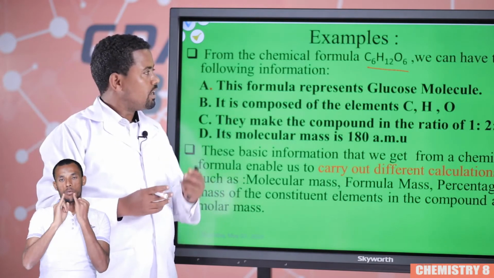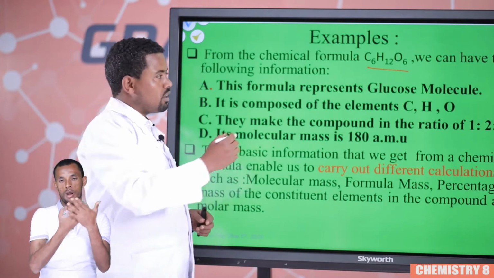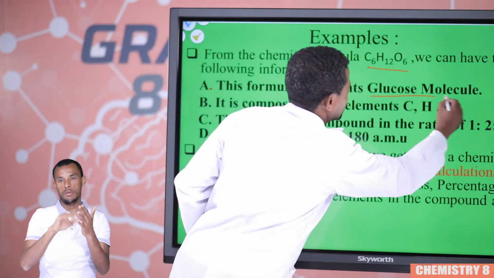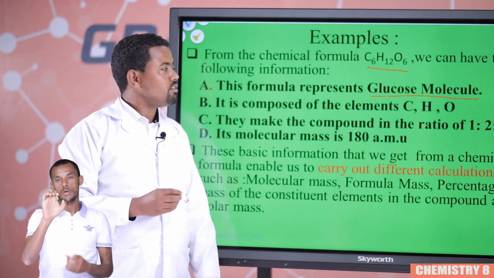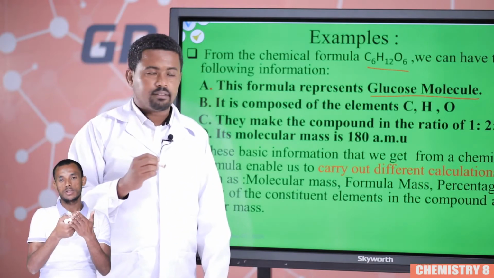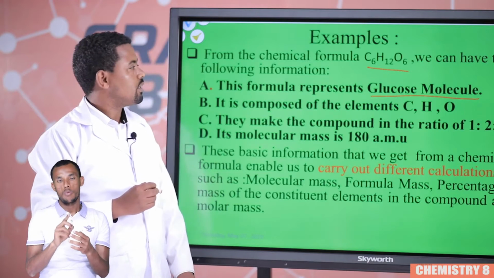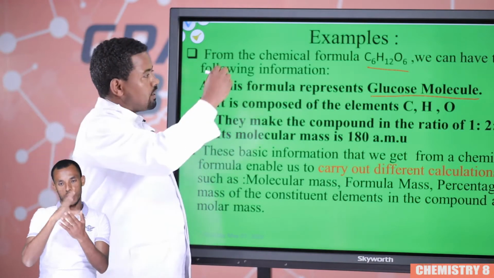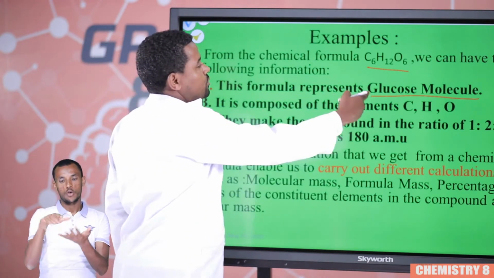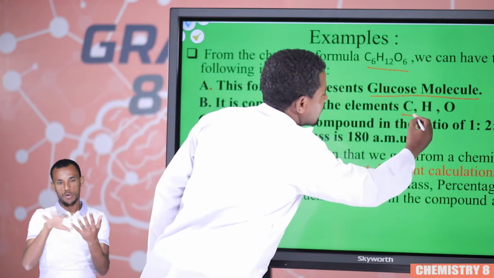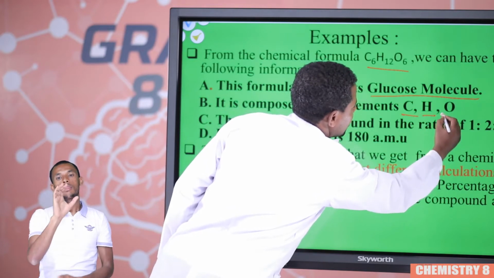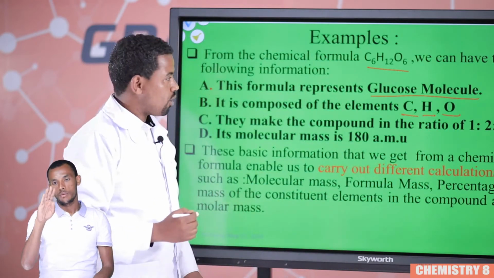This formula represents a glucose molecule. This is what the compound is. And again, this compound, which is glucose, is composed of the elements carbon, hydrogen, and oxygen.